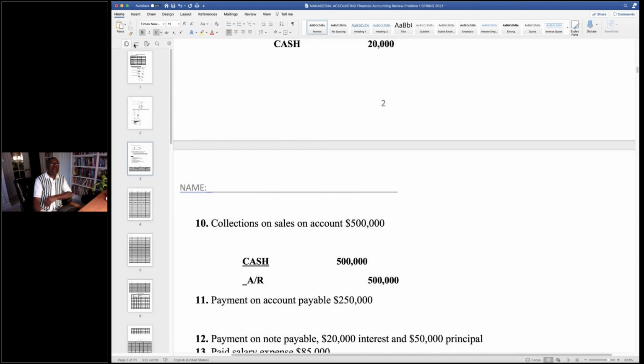Then we have the number 11. Accounts payable. So we're going to debit accounts payable because we're paying on it.